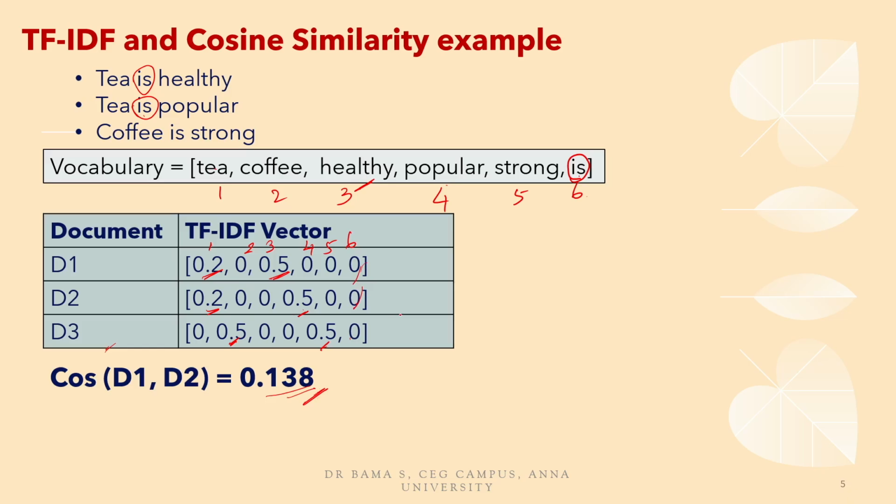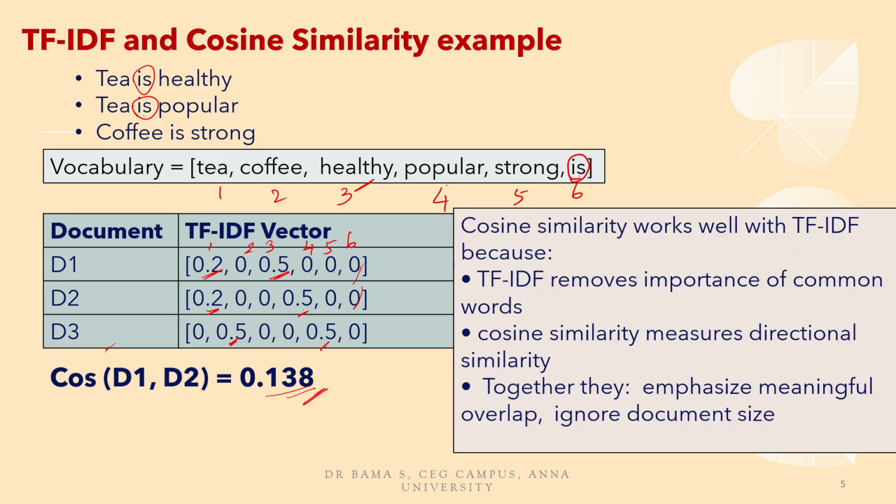So when we combine TF-IDF and cosine similarity, we are only checking the important terms and removing the non-relevant words. As I said, it removes the importance of common words.